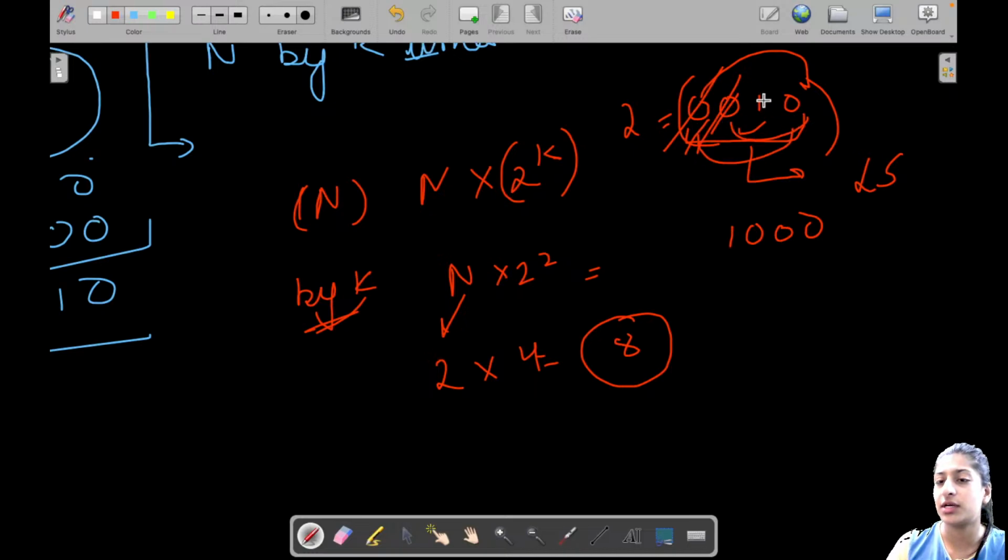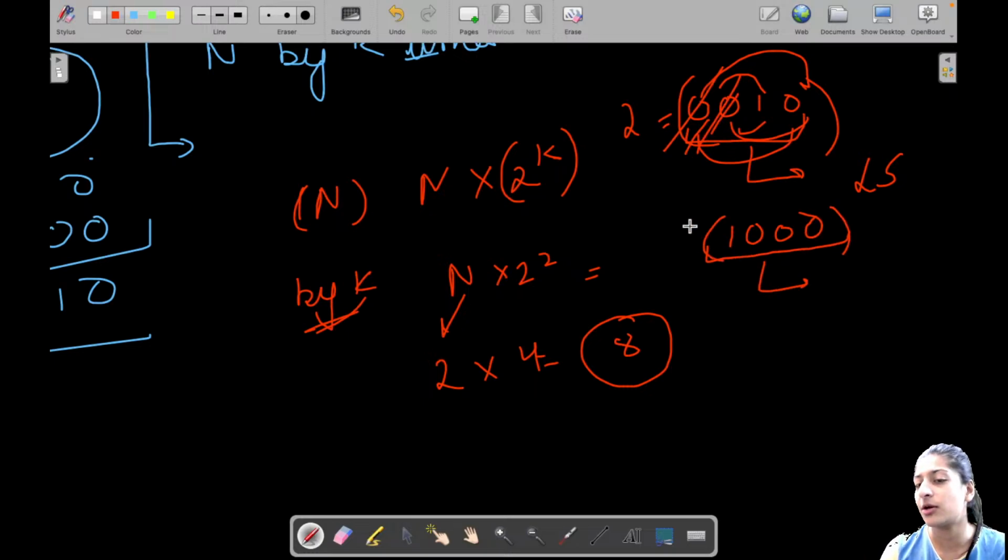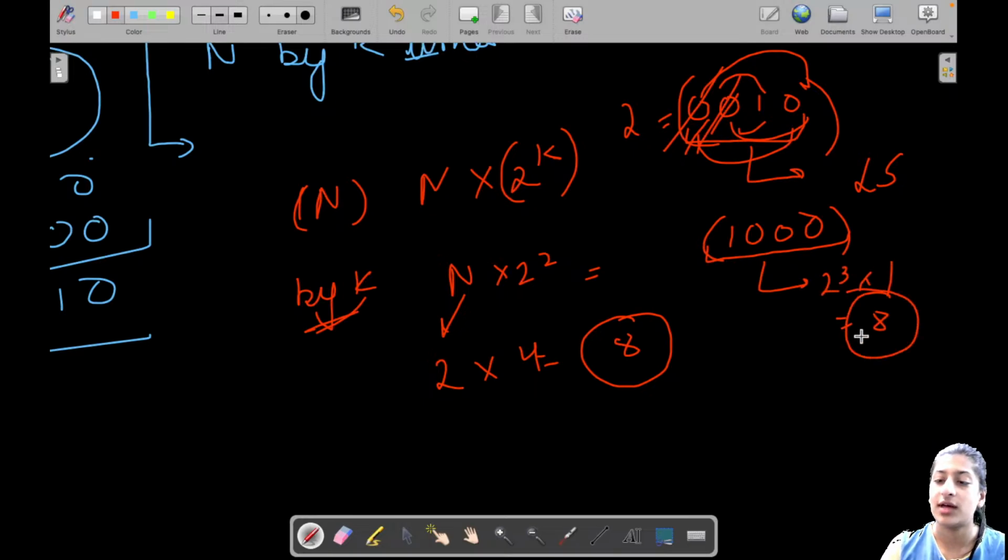Each of them gets shifted to left by k times. So this is the number you are getting. So what is the decimal representation of this binary number? That is 2 to the power 3, right? Because 0, 1, 2, 3. So 2 to the power 3 into 1, that is 8. So we verified both the answers are same. So that's what is happening.